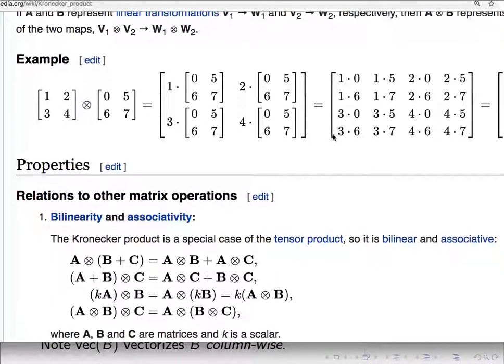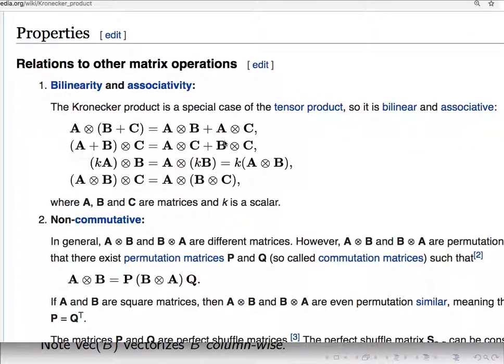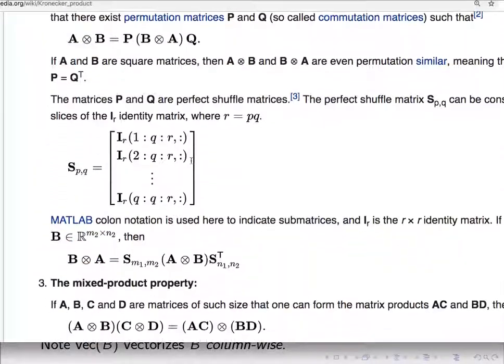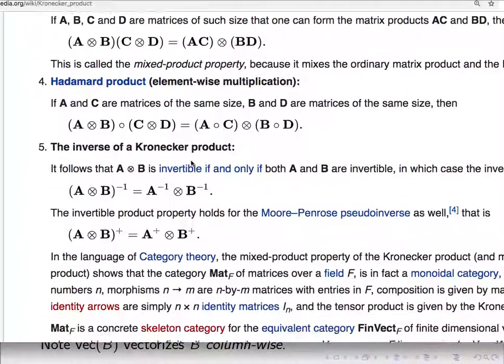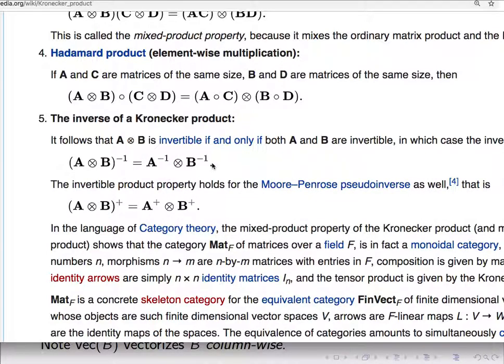The Kronecker product has many nice properties. This shows the properties of the Kronecker product, and one thing I want to particularly emphasize is that there are two very interesting properties.